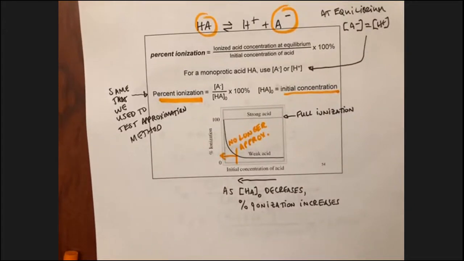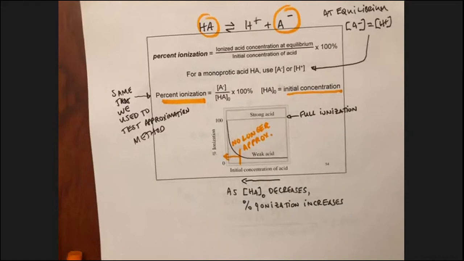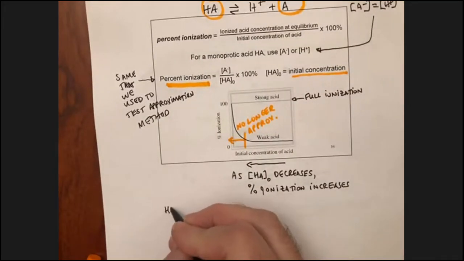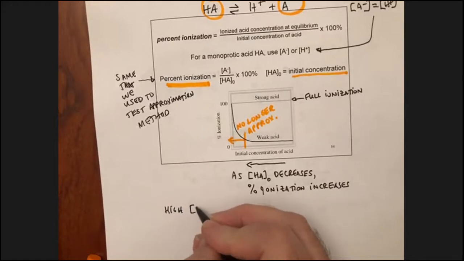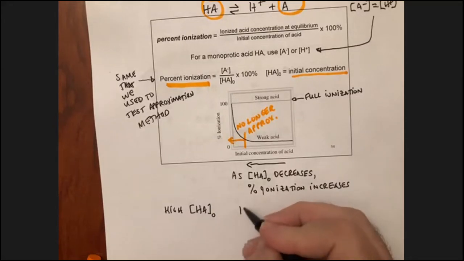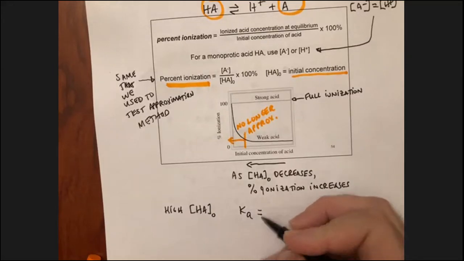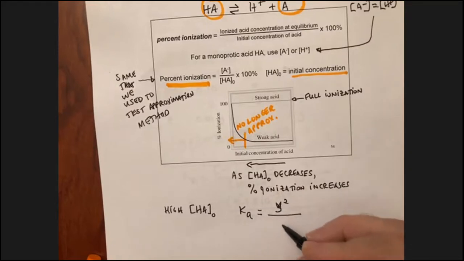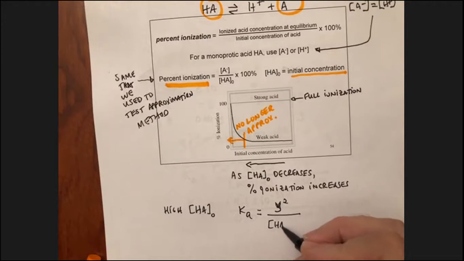There are several explanations for why this happens. I'm just going to give you a very simple, tourist version of an explanation just to close out here. So let's say that I am at a high initial concentration of my acid. In this case, my Ka is going to be y squared over my initial concentration of acid minus y.